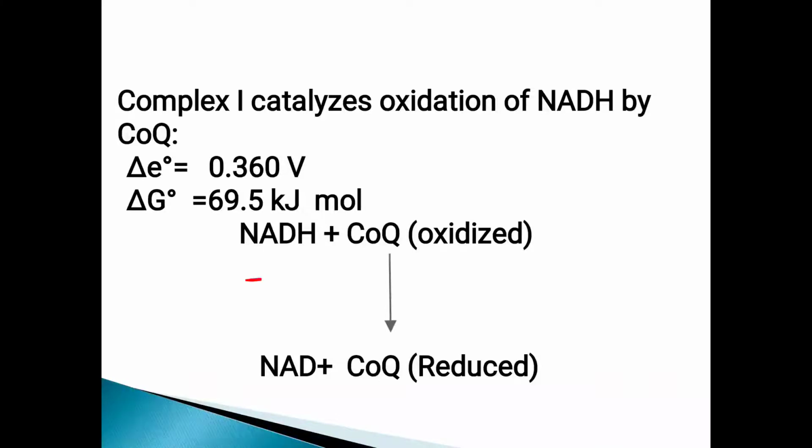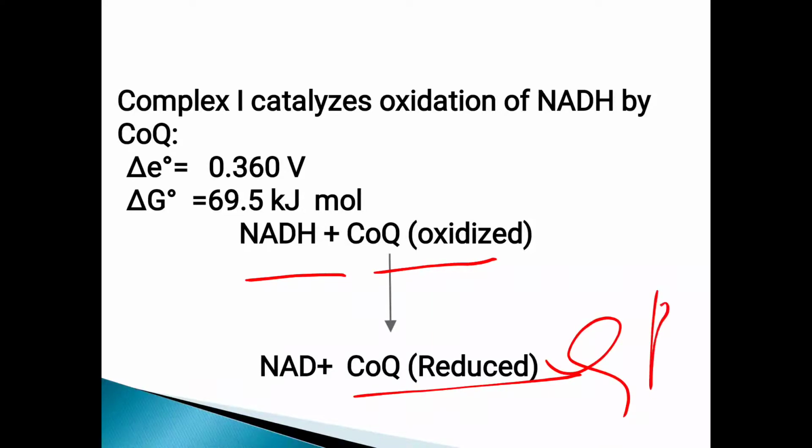So here we are having the NADH as well as the coenzyme Q, which is basically Q in the oxidized form, so that will lead to the reduction of the quinone in the form of QH2, and there is an oxidation of the NAD positive, ठीक है. So it will generate a high amount of free energy, that is delta G, which will be equal to -69.5 kilojoule per mole.